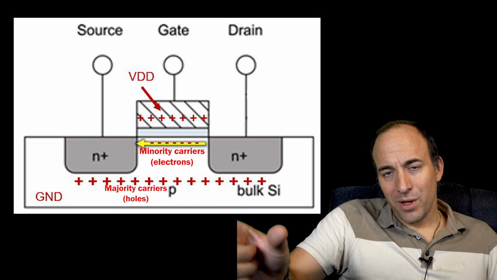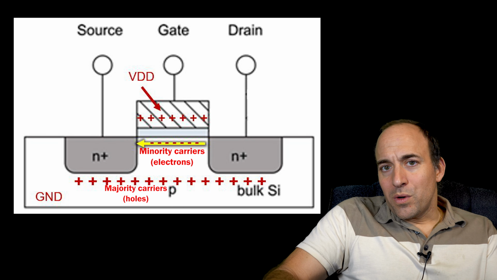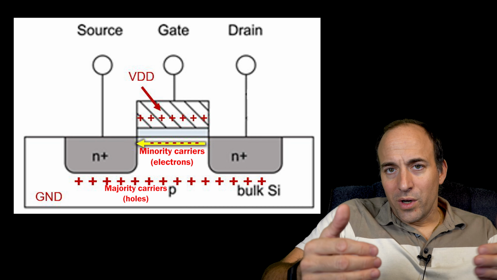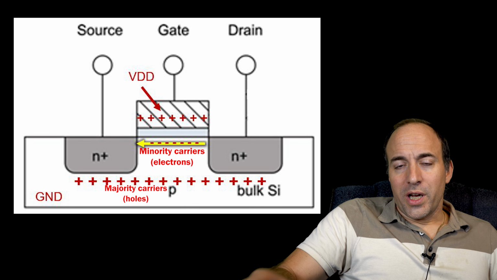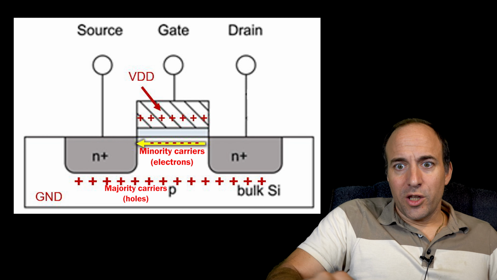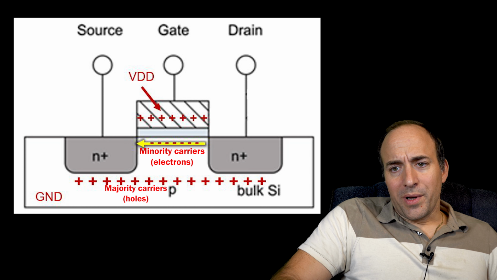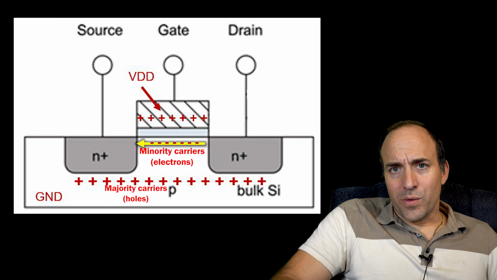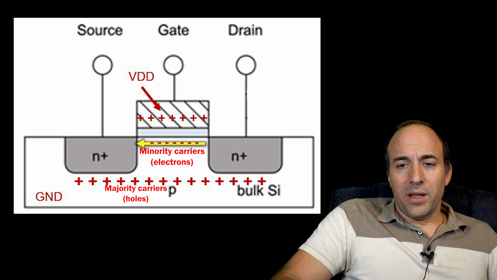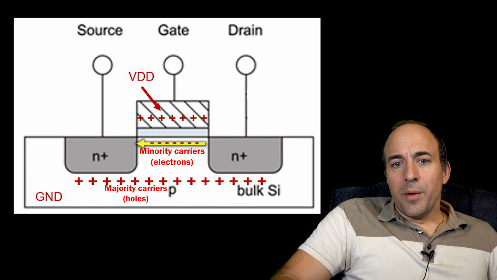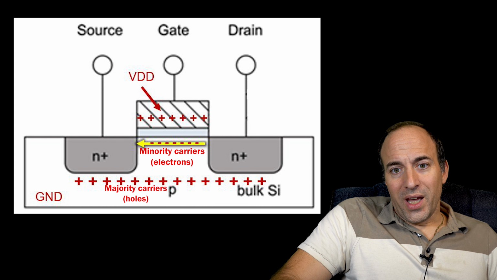So you end up with source and drain both with electrons as the majority charge carriers, and then the channel connecting them that has minority charge carriers, which are electrons accumulated in there. And this ends up allowing current to flow between the drain and the source. Without this, there's no current. Current doesn't flow because current can't flow from N to P-type.